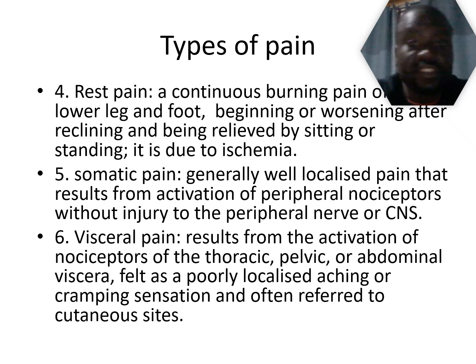This generally is localized pain that results from activation of peripheral nociceptors or pain receptors, not in the central nervous system, but peripheral, meaning outside the central nervous system, without injury to the peripheral nerve or central nervous system. Then visceral pain is pain resulting from injury or potential tissue injury for the internal organs.